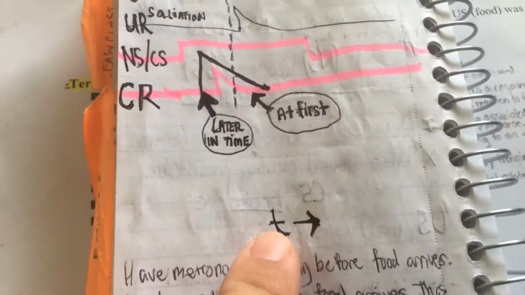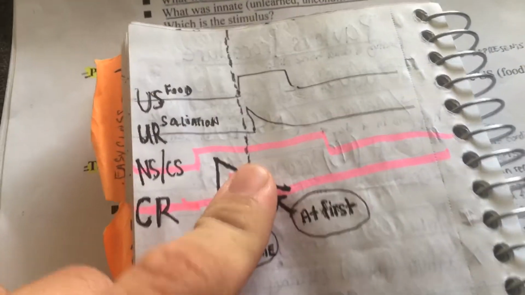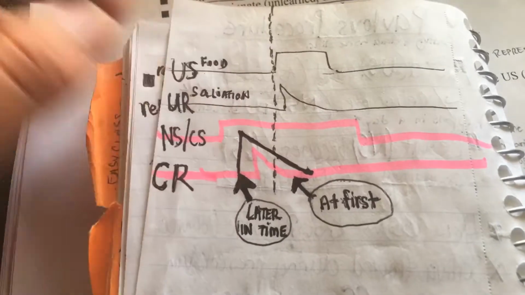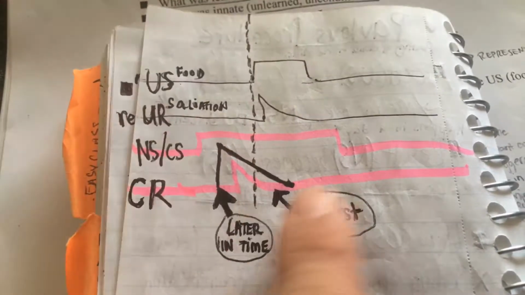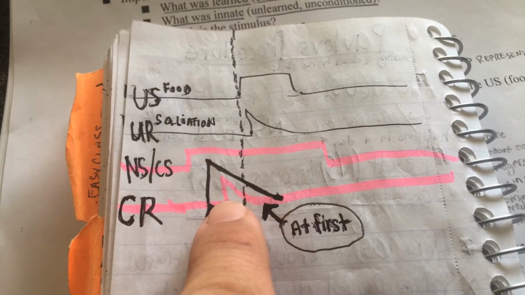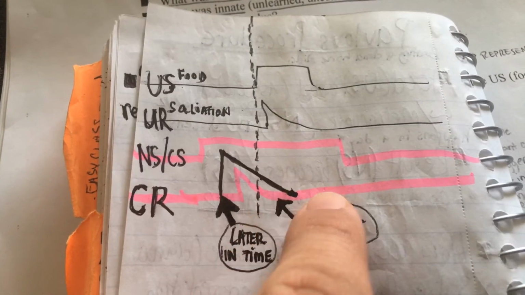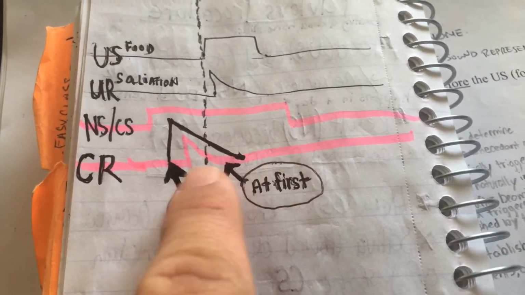So here's how a graph would look in terms of what you should be seeing. We'll have the metronome going, as in time. So food comes, you have a peak here, and then the salivation comes with it as well as the metronome goes in time, right? So at first, the metronome comes, and you get a peak of salivation.